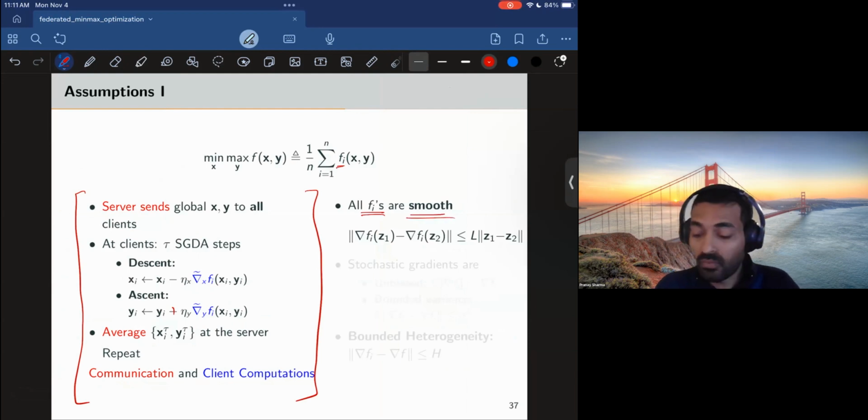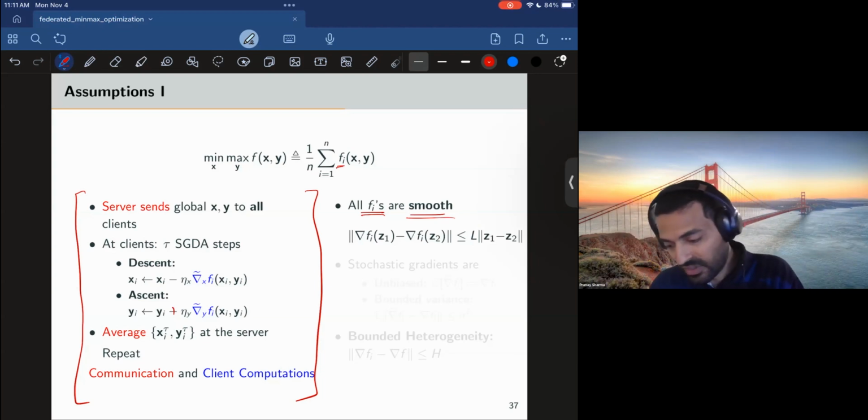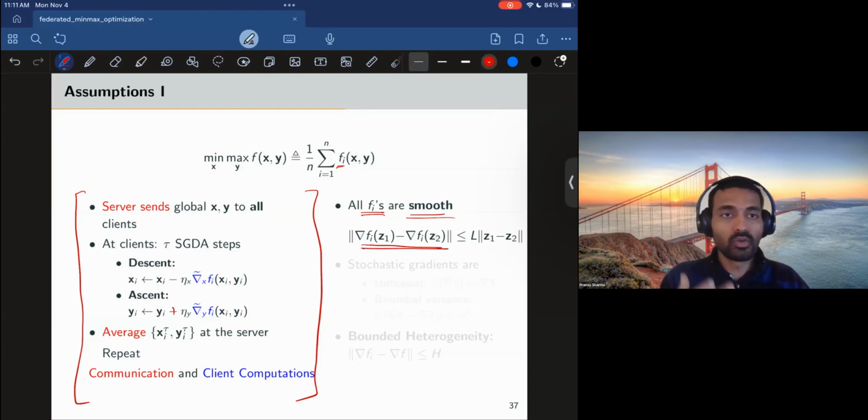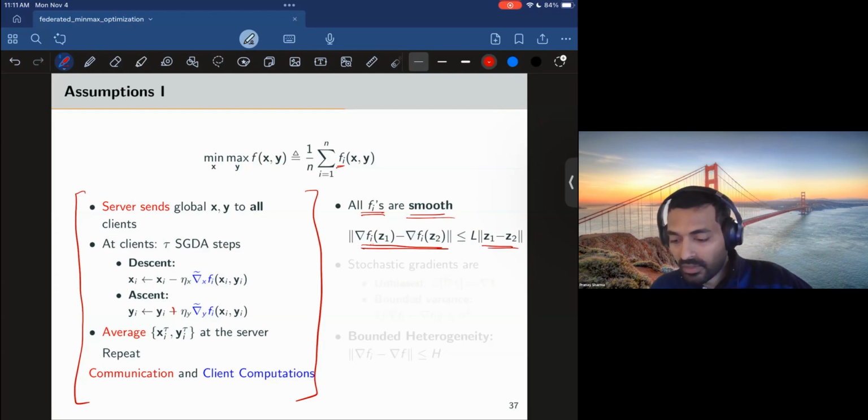We have already discussed one definition of smoothness, that you can upper bound the function everywhere by a quadratic. Here we have an equivalent definition: the gradients at two points are not very far from each other if the points themselves are not very far from each other, right? So we assume that all the local functions are smooth.